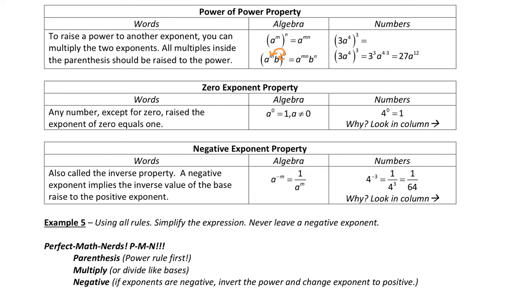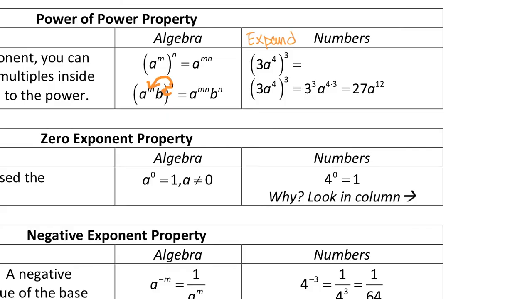So for this one, we're going to start this problem. We're going to do it two different ways. We're going to start by expanding it. So to expand it, we need to write it 3 times, everything inside the parentheses. So 3a to the 4th, 3a to the 4th, 3a to the 4th. And this will take a long time.